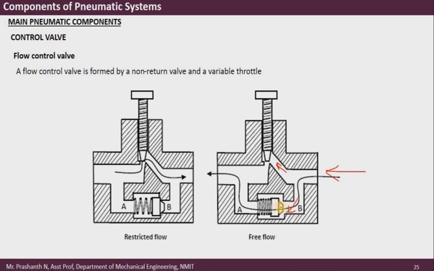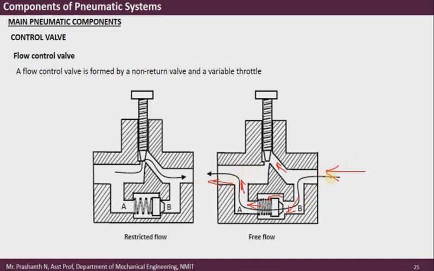Once the ball is pushed against the spring force, it gets the passage and the air will escape and be transported to the other side of the port, right? So that is how air moves in free flow.